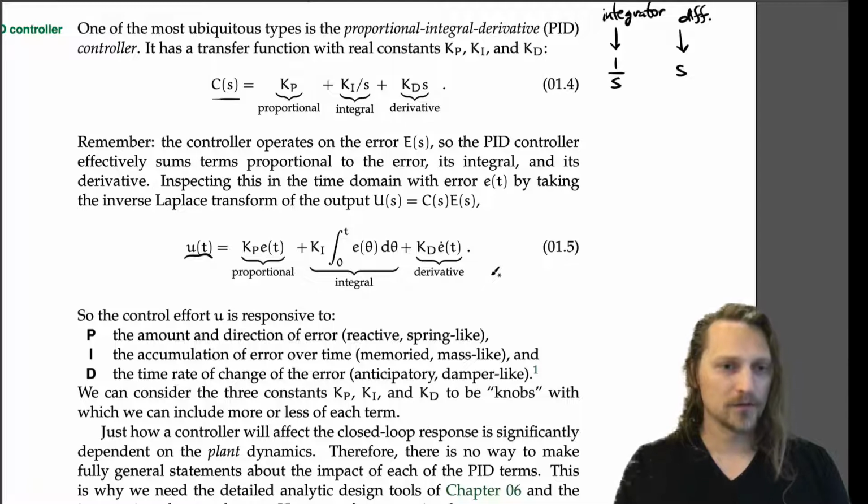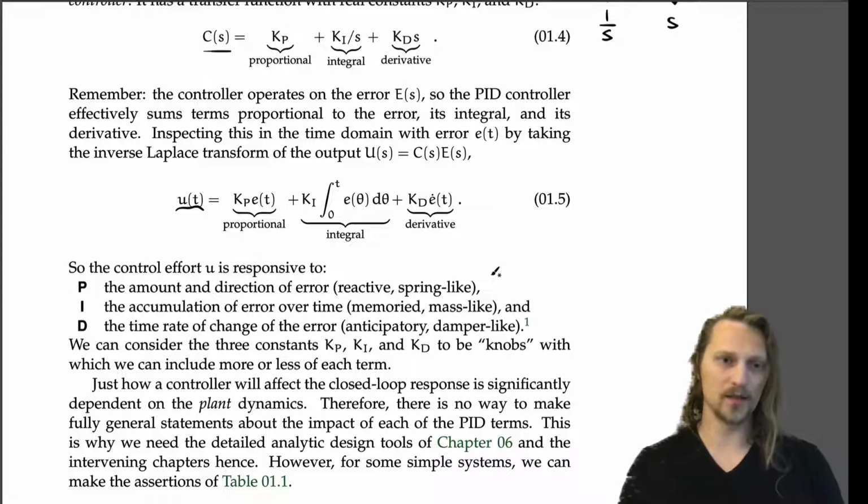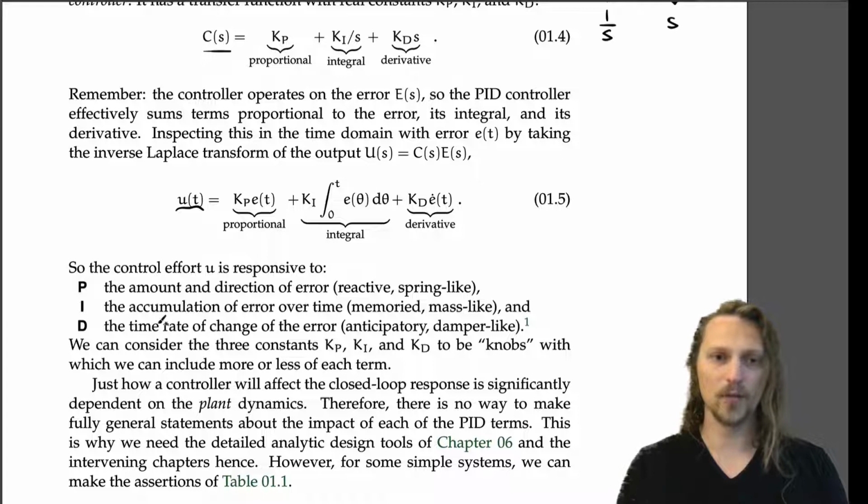So the control effort U is responsive to P, I, and D. P, the amount and direction of error, which makes it reactive or spring-like. So sometimes people will say that the proportional term acts like a spring. I, the integral term, which is the accumulation of error over time, which gives it a sort of memory effect, and it's mass-like.